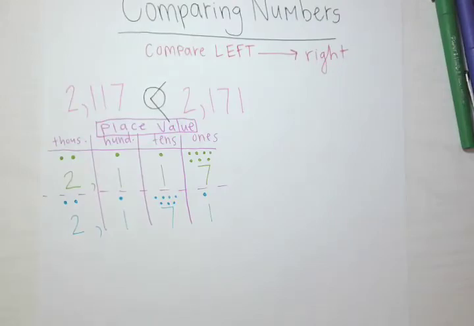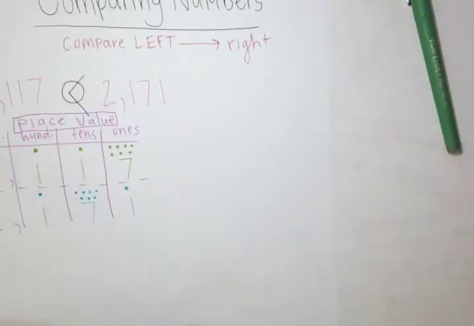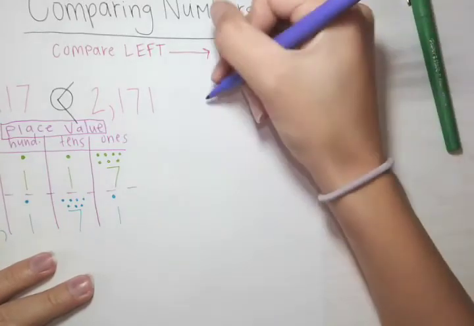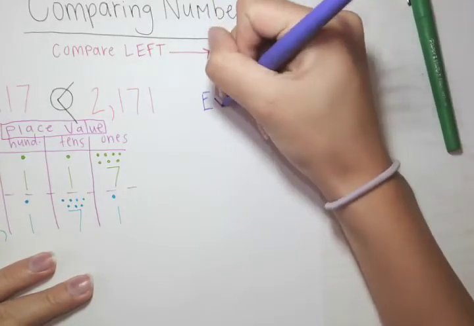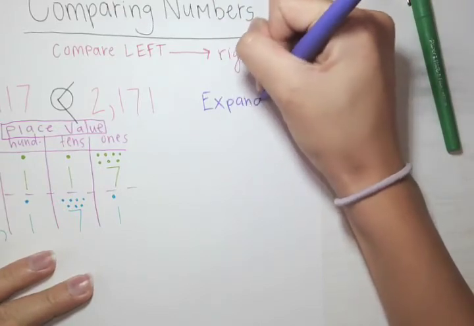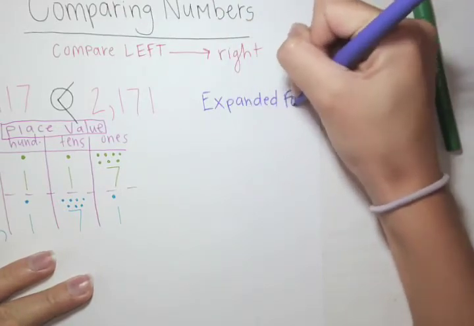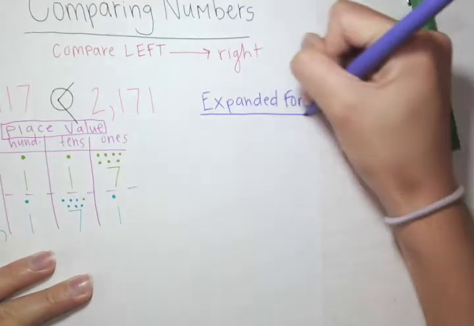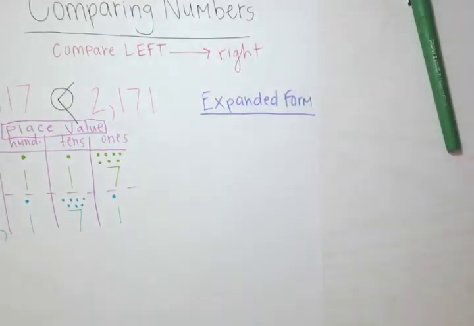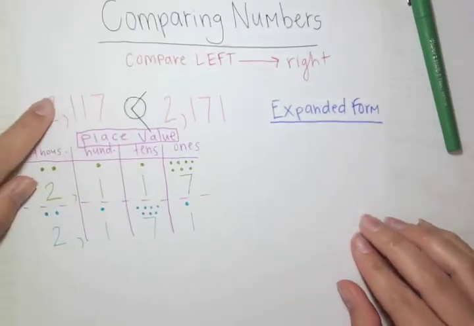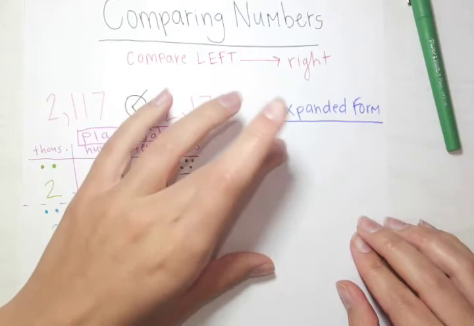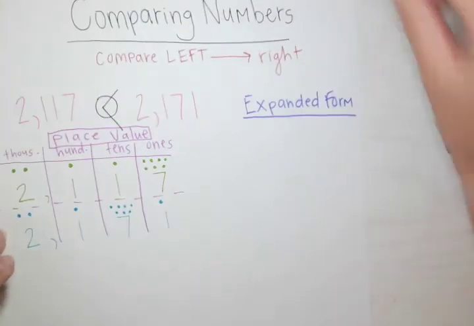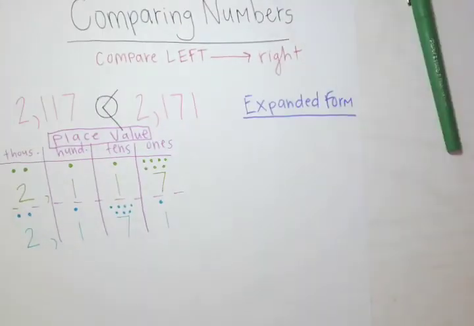Another way we can do it is expanded form, which we've talked about plenty of times. Okay, so if we're using the same two numbers, we want to write each of them in expanded form kind of on top of each other so that it becomes clear based on which place value it's in.